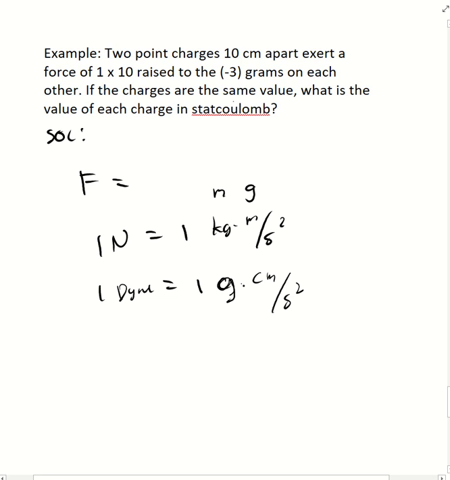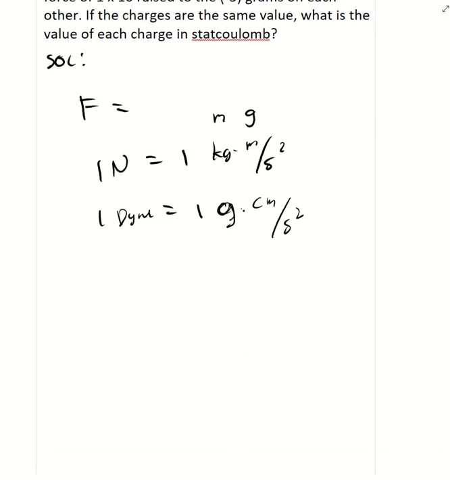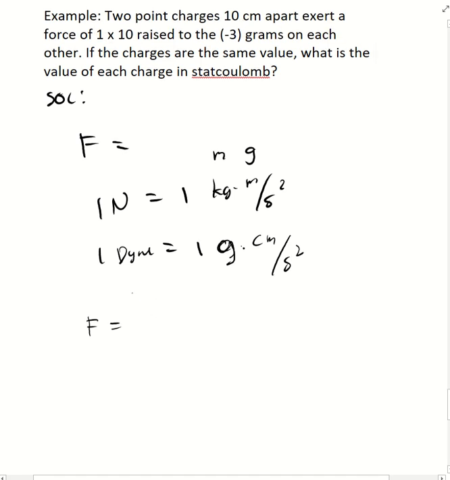Now the given here is in grams. So what do we do to make it in dyne? We just multiply it with the gravity. So 1 times 10 to the negative 3, this is in gram. To make it dyne, we need to multiply it with centimeter per second squared, and that is actually the gravity.